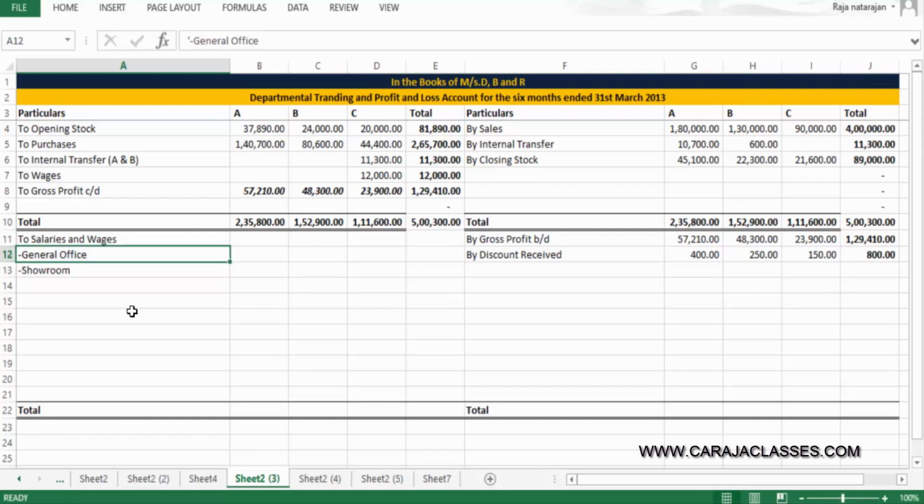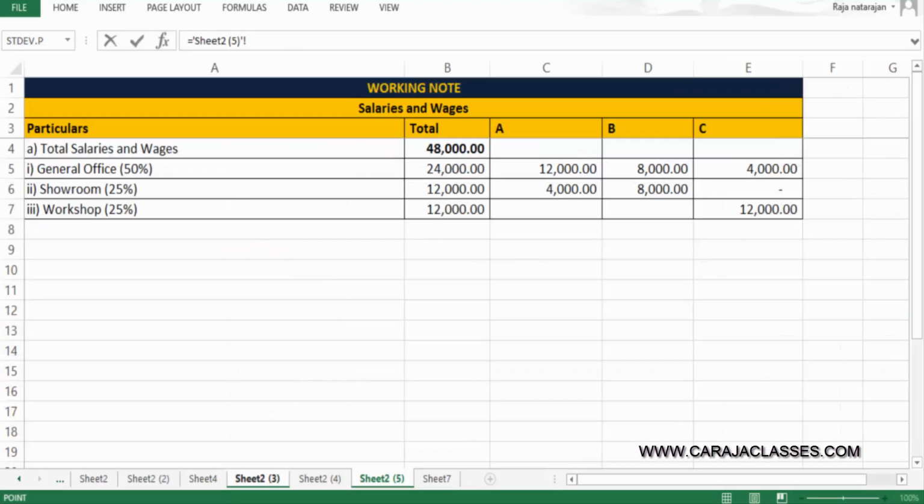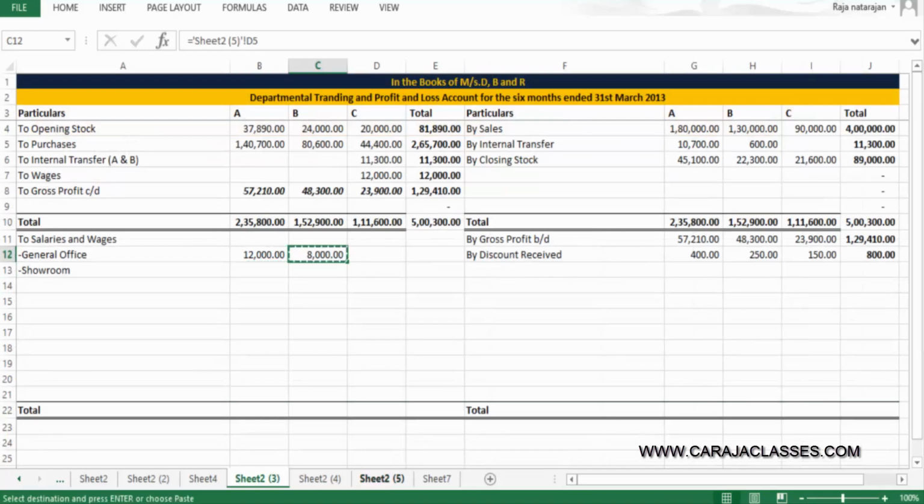So related to general office, it was agreed that it has to be split between all the 3 departments, right? So this is the calculation. The total salary was 24,000, but what should go to A was 12,000, B is 8,000, C is 4,000. So let's capture 12,000, 8,000 and 4,000, and if I total this I get 24,000. So this is general office.